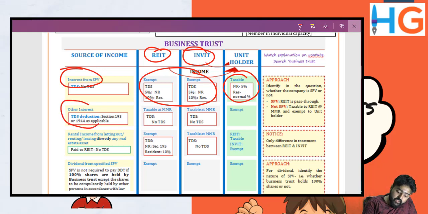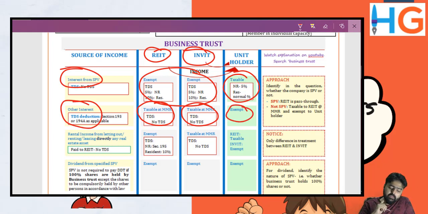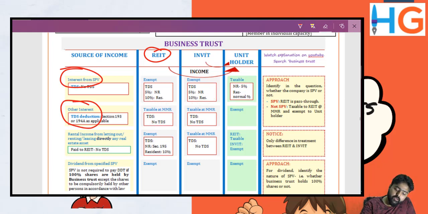Likewise, for other interest other than SPV, it is taxable at MMR to the business trust, meaning that they are not pass-through entities, and it will be exempt in the hands of the unit holder. Is it clear?